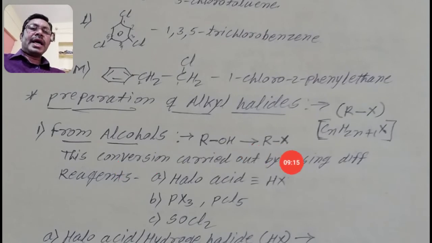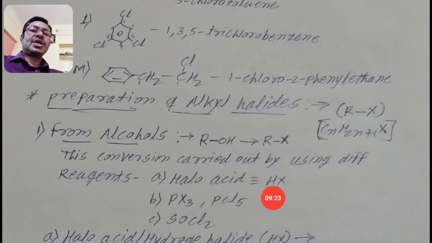This conversion is carried out by using different reagents. Number 1, halo acids, that is HX. X means chlorine, bromine, fluorine, iodine, that is HCl, HBr, HI. By using halo acids, that conversion can be carried out.